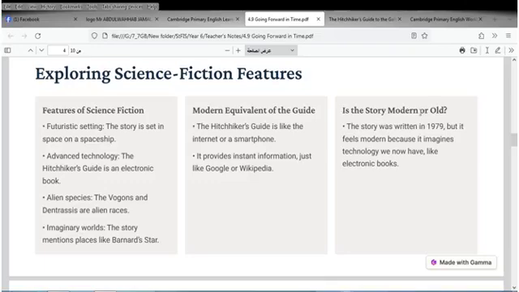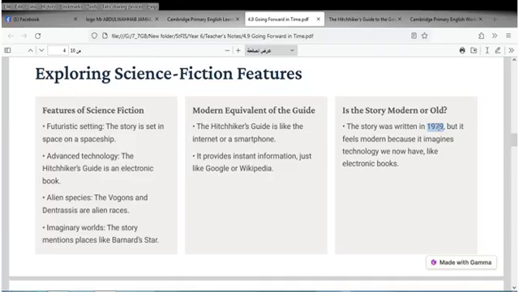The story is modern because it is set or written in 1979, unlike the books of Jules Verne, for example, which were written 150 years ago. That one is modern. But you feel that modernism is not quite there because it imagines technology we already know and have today, like electronic books and these kinds of stuff.